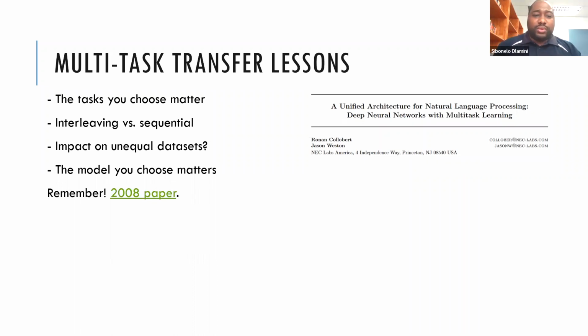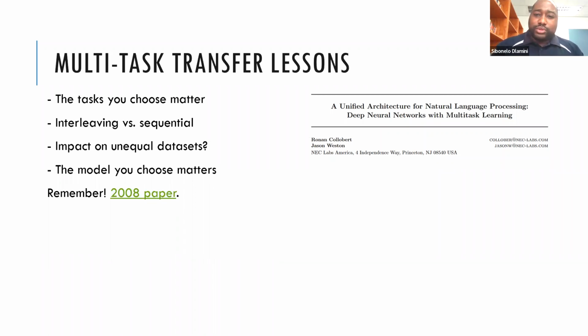Also something that will always be a reality when you're working with machine learning models is that the data sets for the different type of tasks are never going to be the same size. They are collected in different conditions by different people. And so dealing with that unequal size of data sets is a challenge that you need to consider. Also, the model that you choose matters.